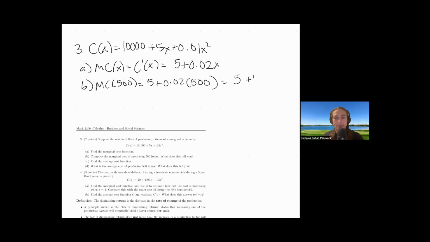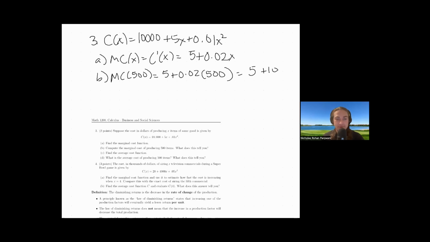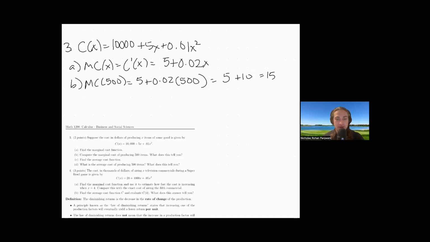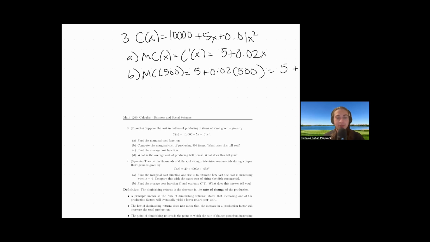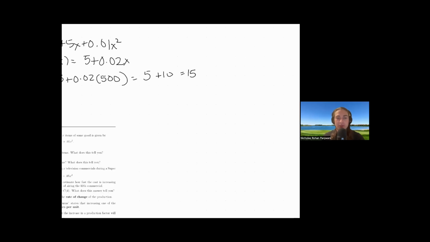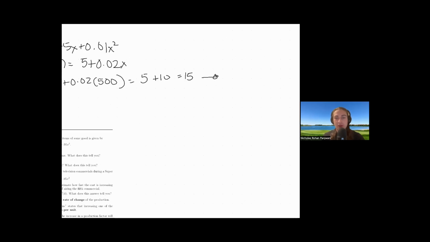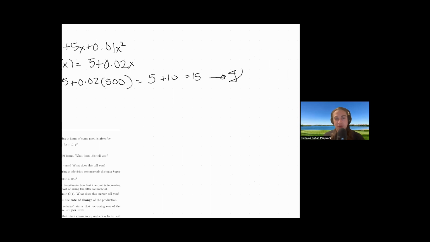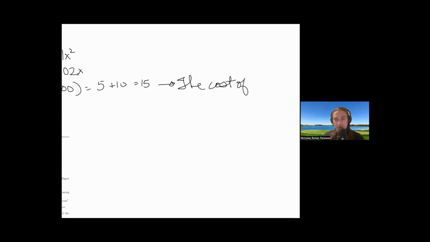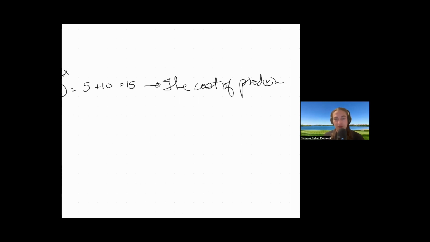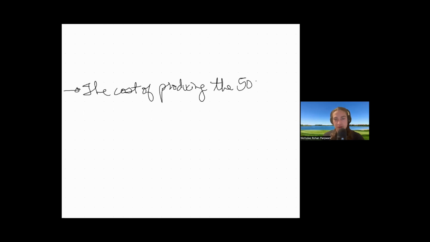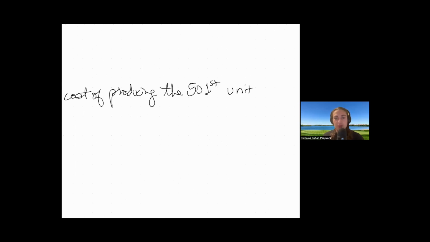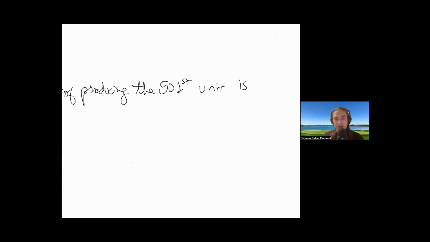And it's dollars. The cost of producing the 501st is $15.